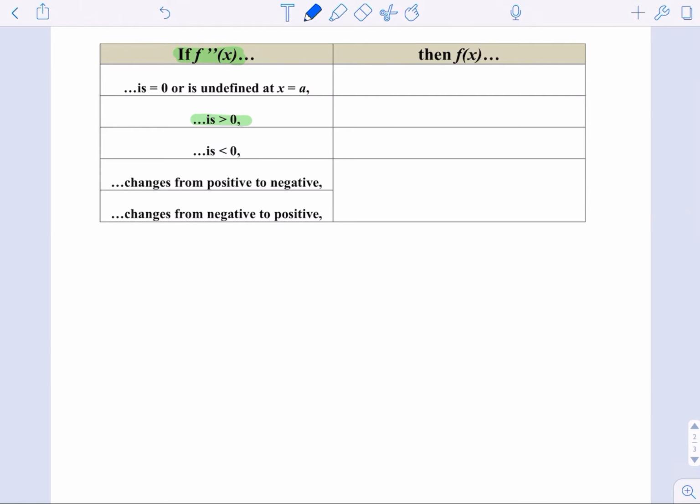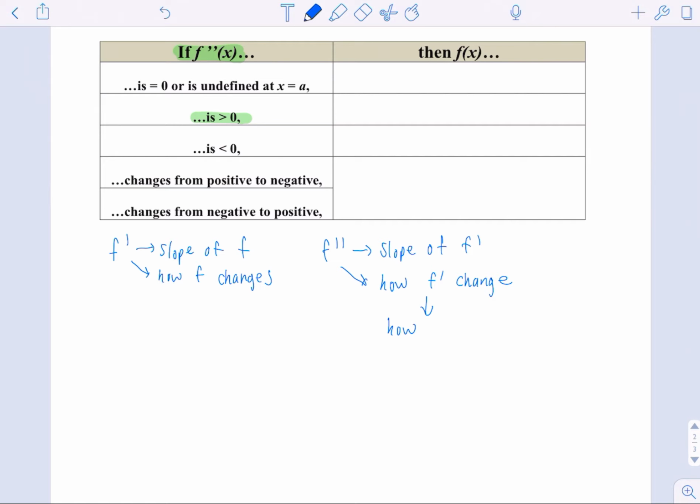Okay, so just to review, the first derivative is basically the slope of f, right? So it tells me how f changes. Then we can say that the second derivative is the slope of f prime, or it can tell me how f prime changes, or in other words, how the slope changes.